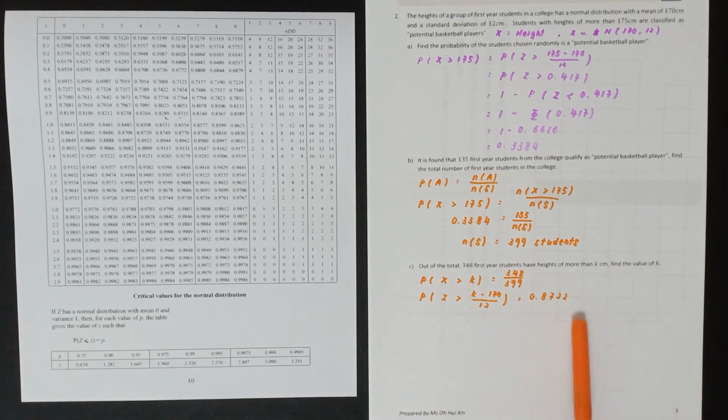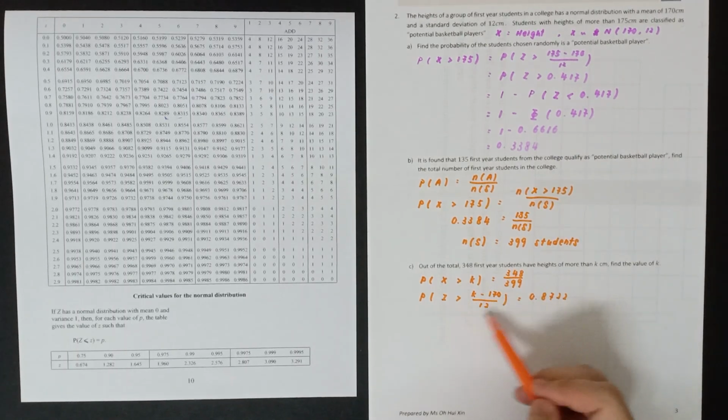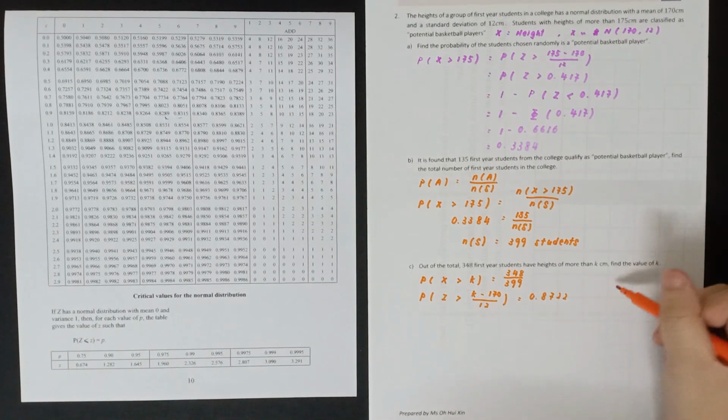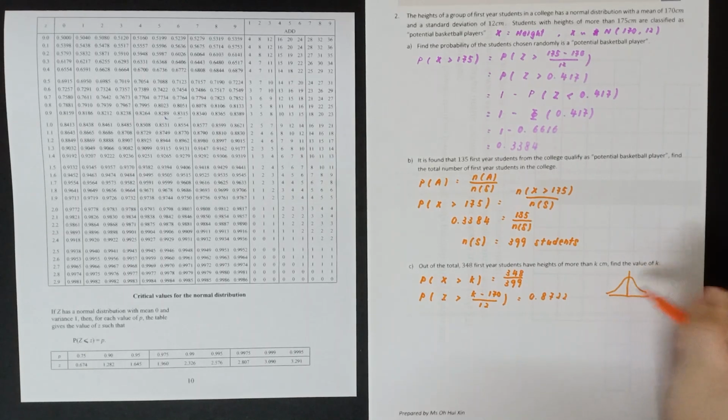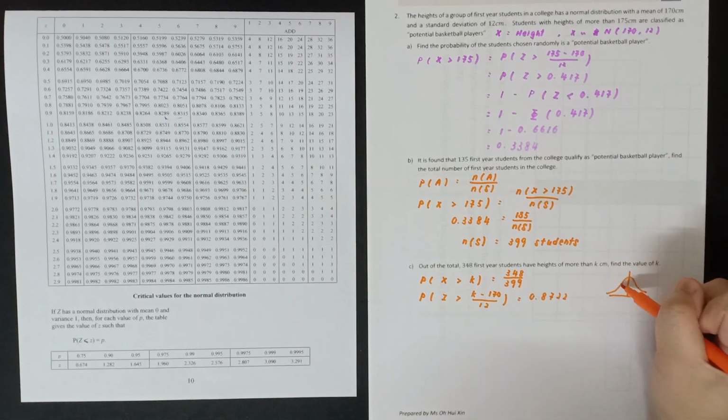You write it to 4 significant figures because the accuracy given by the table is 4 significant figures. Then after that, you can slowly change it. So P(z greater than ...), now you need to imagine whether your value z here is a positive value or a negative value. You might want to draw it here. You can imagine this is more than, and you need an area that is more than half, meaning that it will be at the negative part.